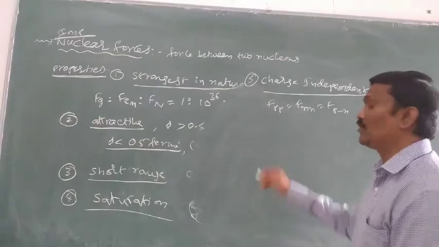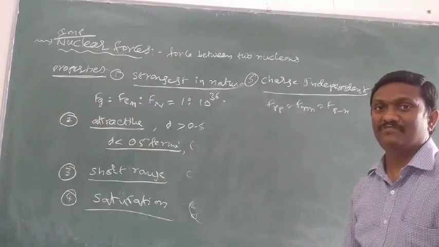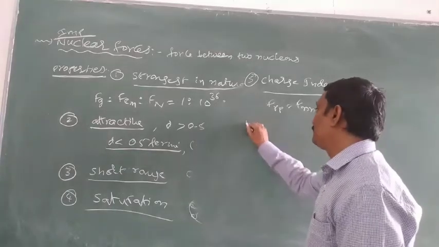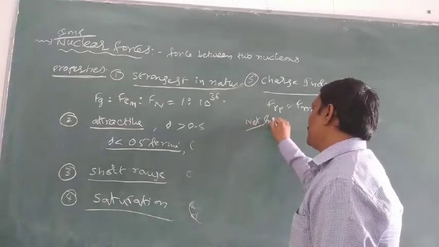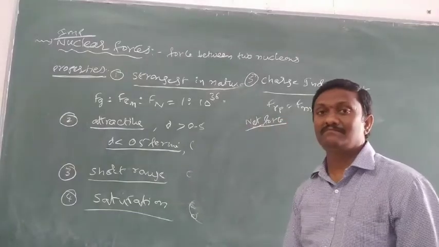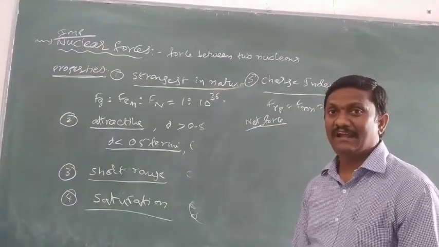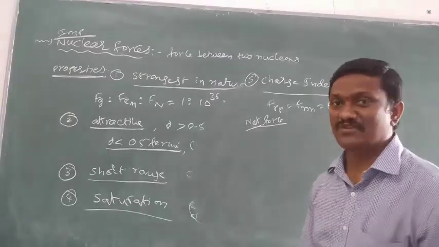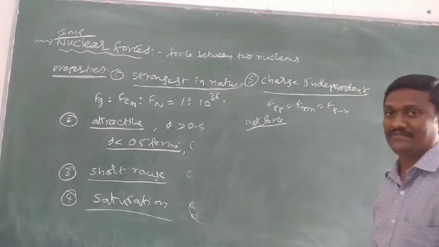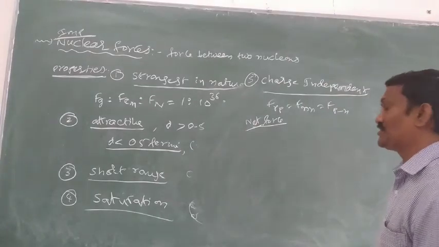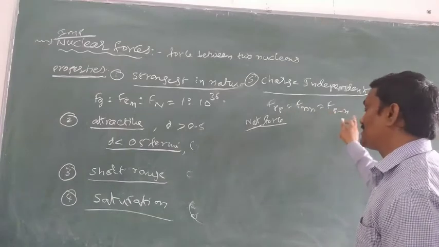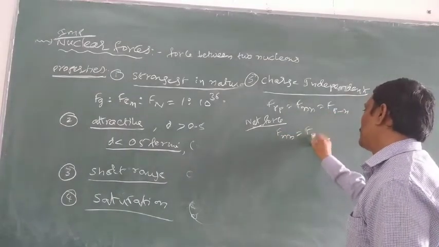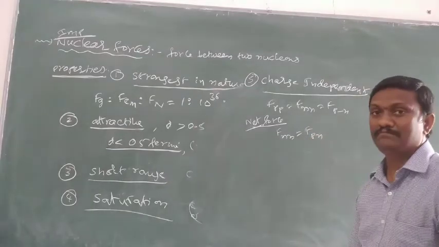It is a relation between nuclear forces. If you are considering only nuclear force, it is a relation. If you consider net force, net force means between two nucleons, nuclear force is there, gravitational force is there, and electric force is also there. The sum of gravitational force, nuclear force, and electric force is called the net force. So the relation between nuclear forces: the force between two protons, between two neutrons, and between a proton and a neutron is equal.